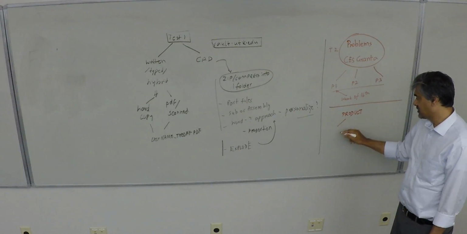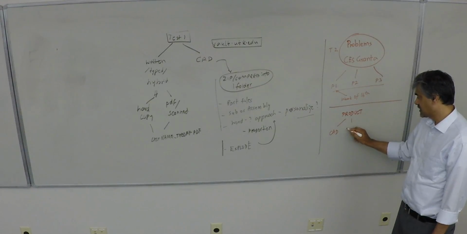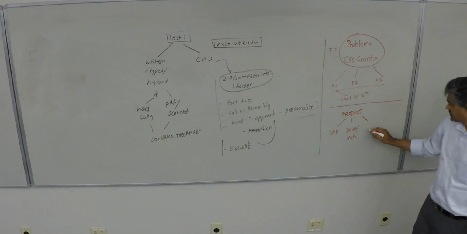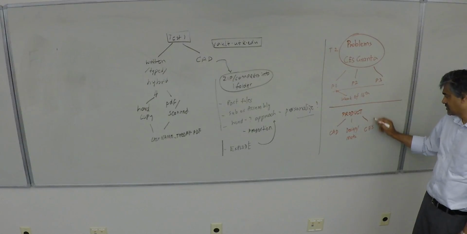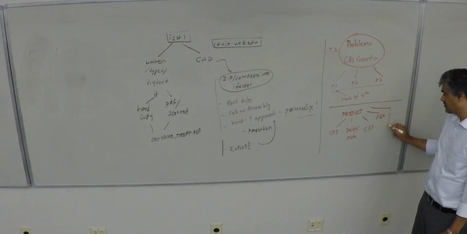So this product will be presented to the class: the CAD work for it, the design work in terms of math, I guess, and then the CES work related to that, the FEA related to that, and any mold and tool design related to that.